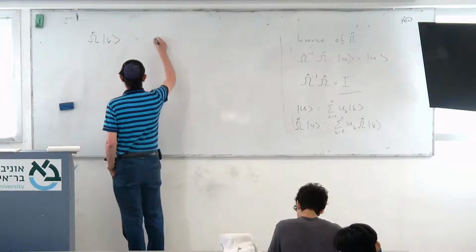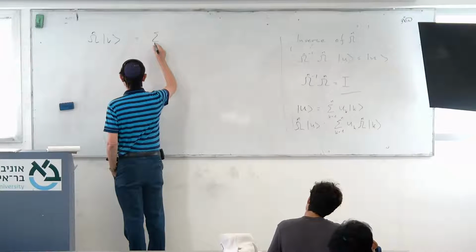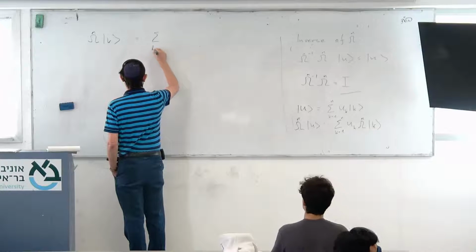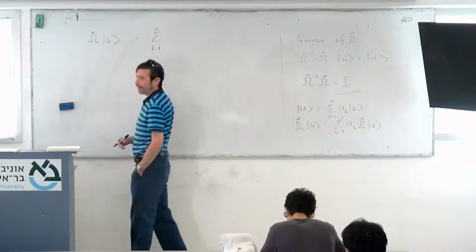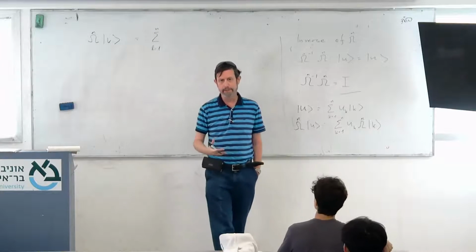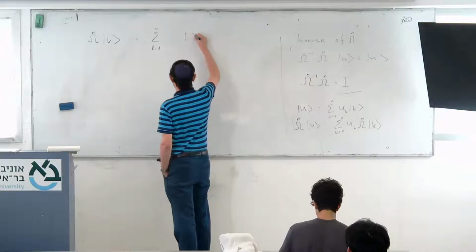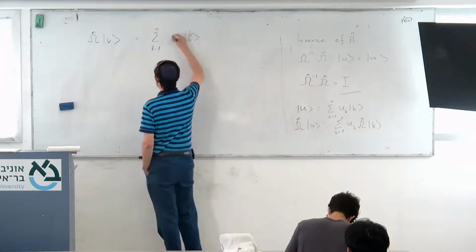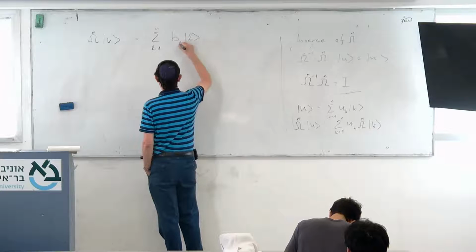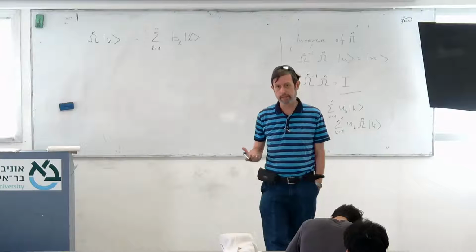So I'll get some vector, which I can always write as a combination of the n basis vectors that I had, times some scalar.